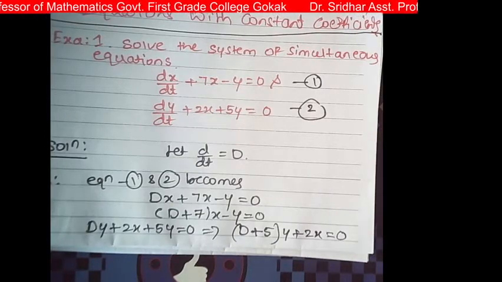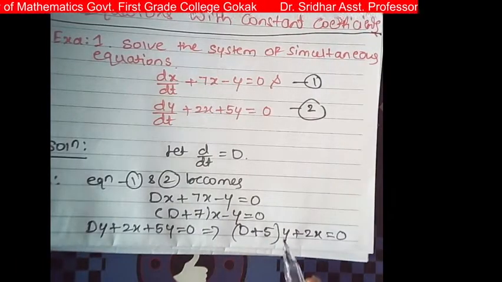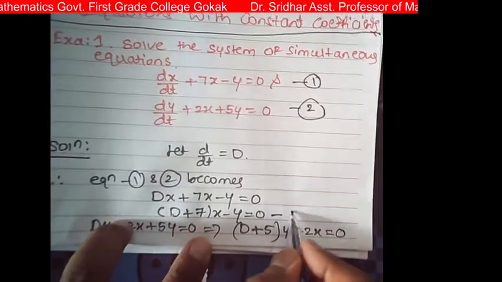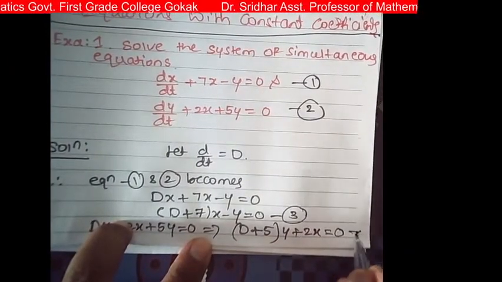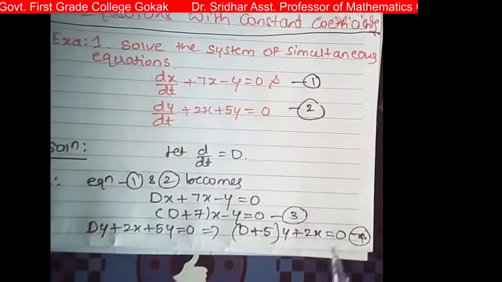Okay, so now we got two simultaneous equations. So now call this equation 3, and this is equation 4.